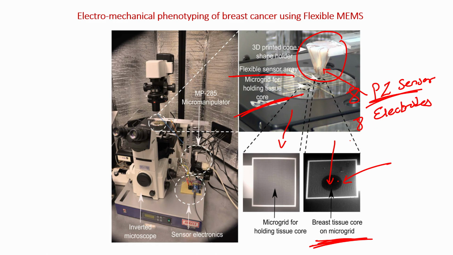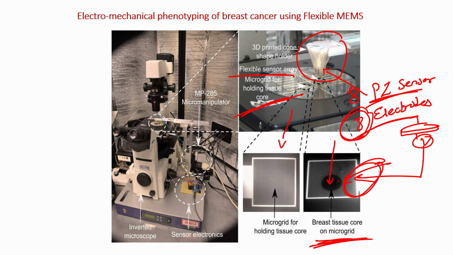Second part, there are 8 electrodes on the MEMS device. When I apply a voltage between the microgrid and these electrodes, and the tissue is in between, what will happen?